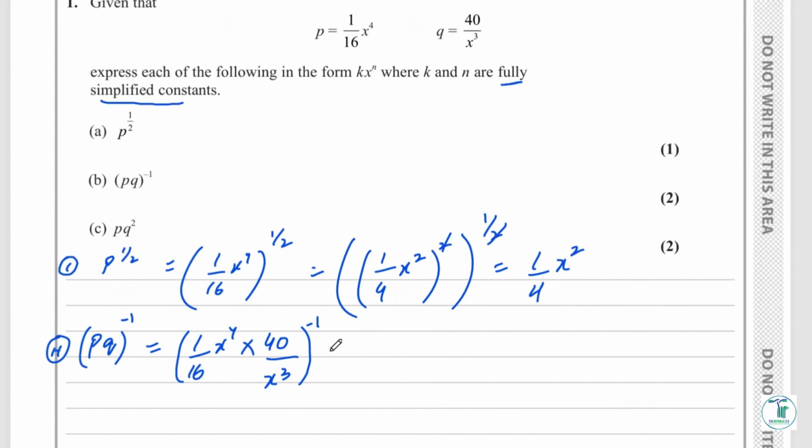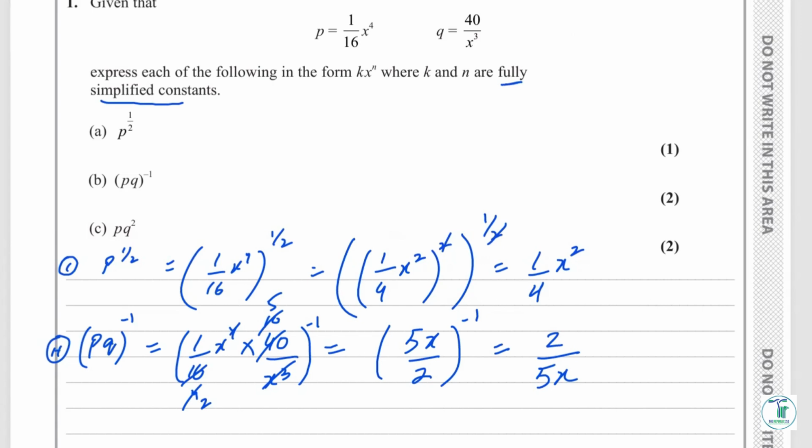So first of all, I'm going to simplify whatever I've got in the brackets, and I would be having 4 times 4 and 4 times 10, 2 times 2 and 2 times 5. This and this would get cancelled out, and you would just be having 5x divided by 2, to the power of negative 1. I need the power to be positive, so I'm just going to reciprocate that, so 2 upon 5x. So that is how we're going to get ourselves the final answer of this thing.